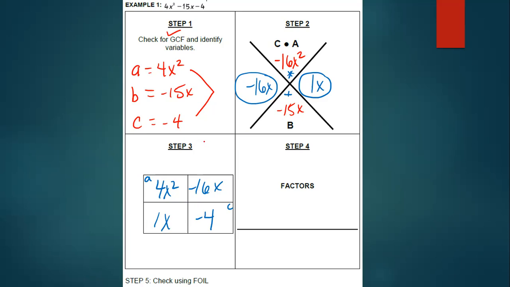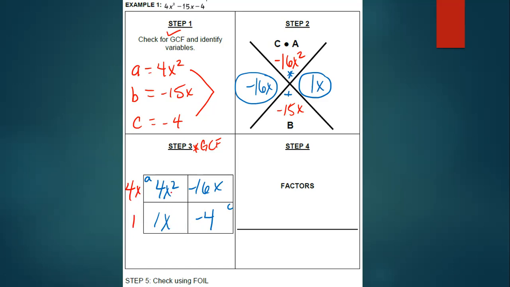After everything is filled in, all you're doing is greatest common factor. You're taking the greatest common factor of every row and every column. What is the GCF of 4x squared and negative 16x? 4x. What is the GCF of 1x and negative 4? 1.